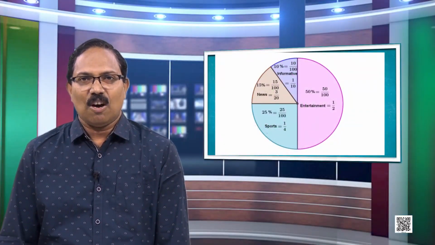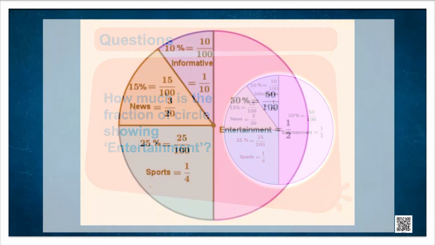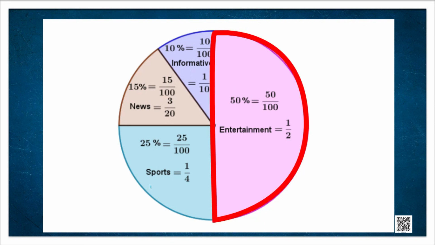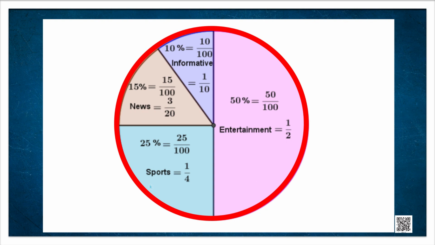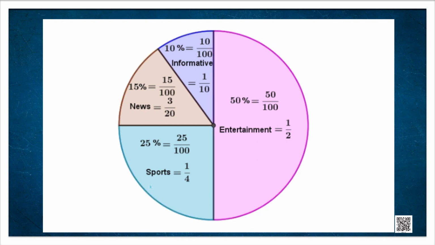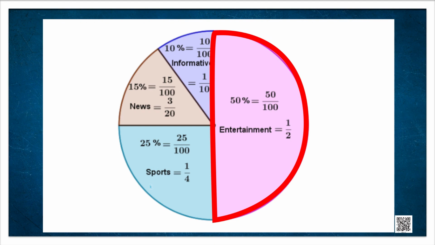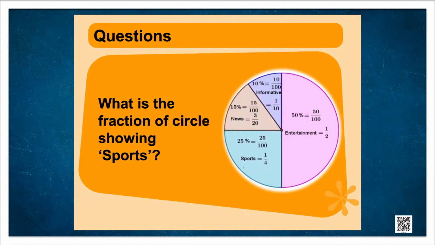Now, let us find how much fraction of circle is for entertainment. 50%. If we consider the whole as 100, then 50 divided by 100. So, we get half. Similarly, what is the fraction of circle showing sports?